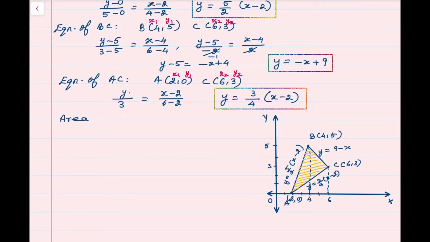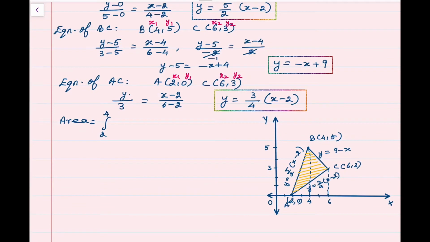Therefore, area is integral. The limits for the AB line are 2 to 4 of y of AB dx, plus for BC the limits are 4 to 6 of y of BC line dx, minus integral for the AC line, the limits are 2 to 6 of y of AC dx.